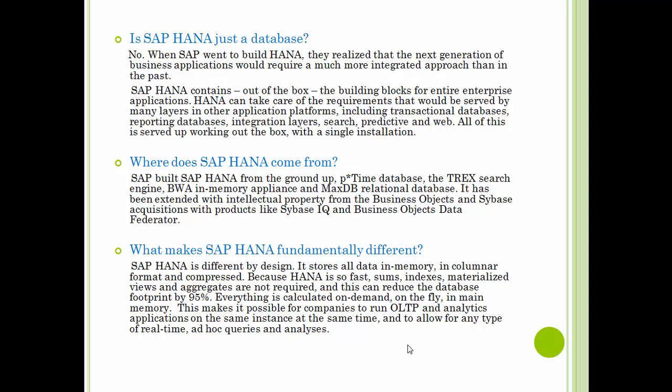This makes it possible for companies to run OLTP and analytics applications on the same instance at the same time. So basically, SAP HANA combines both OLTP and OLAP at the same time and thus allows for any type of real-time ad hoc queries and analysis. As I explained, SAP HANA can offer both OLTP and OLAP together, which was not possible with traditional databases.